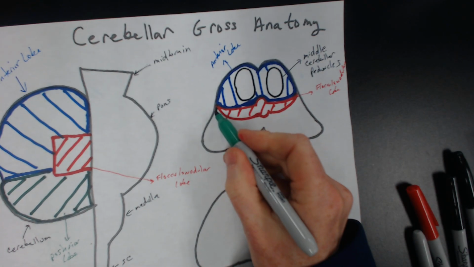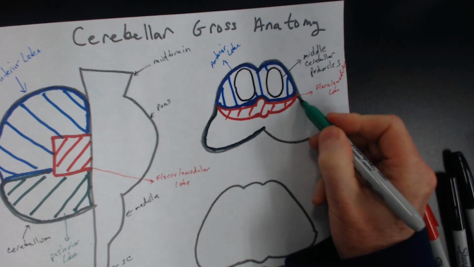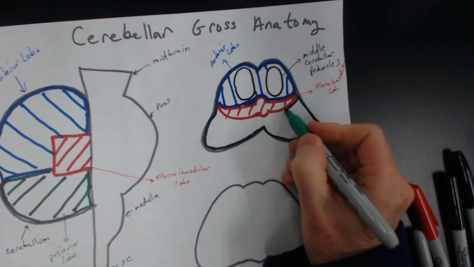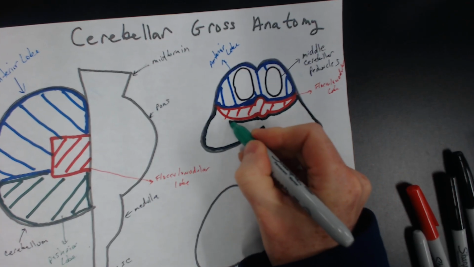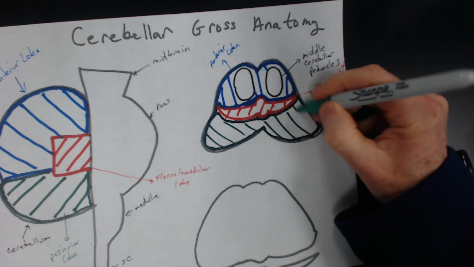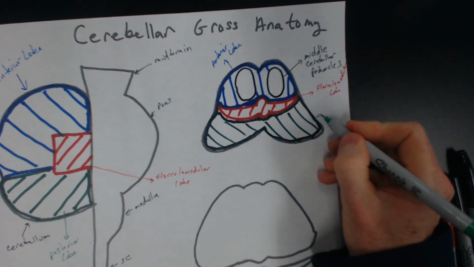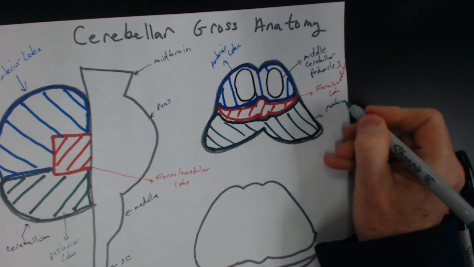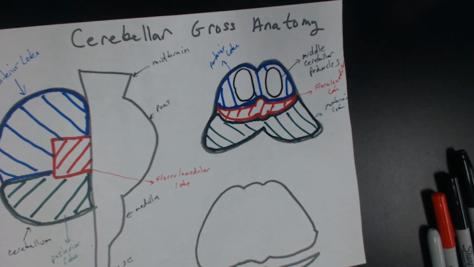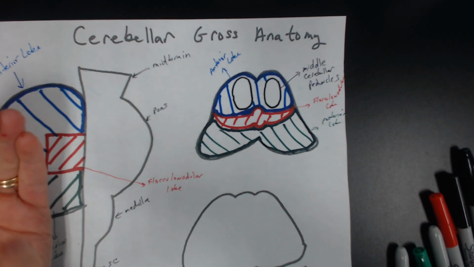So this portion down here, just basic gross anatomy, is your posterior lobe for your cerebellum. Green is just your posterior lobe. Everybody got it? So if you took this brainstem away and flipped this piece up and looked straight down, this is what you'd see.